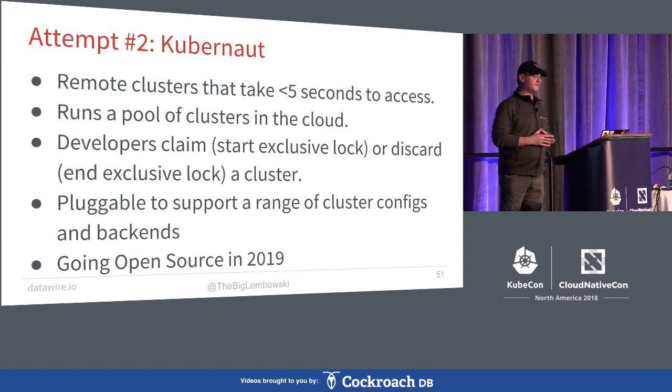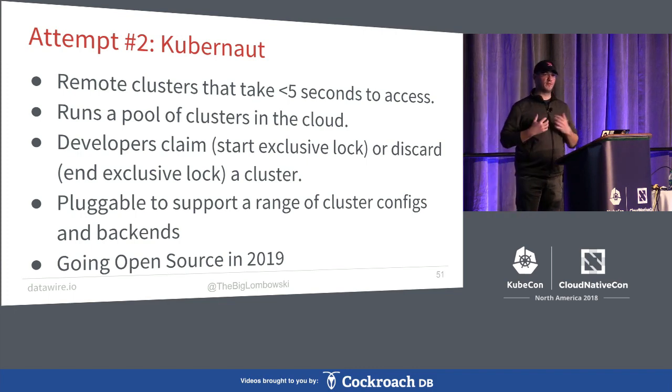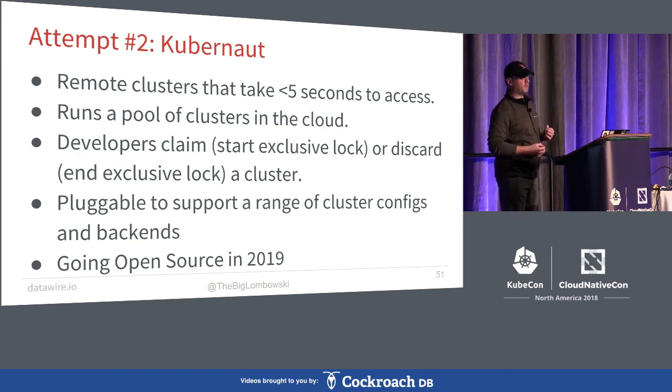It's pluggable to support a range of cluster configs and backends. This is actually really important for us because we're tool developers. We build products, not services. We needed a way for people to get a range of environments to work on. So if you can think about where our stuff runs, Ambassador, which is our API gateway, runs on Azure, Amazon, Google, bare metal, anything you can think of.